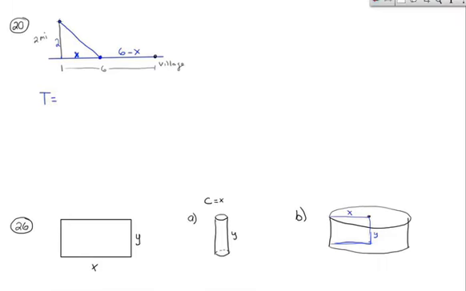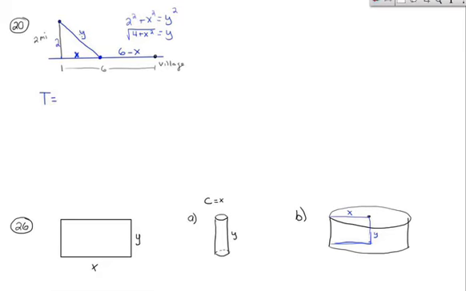That would mean that the distance from this point to this point is the hypotenuse, and so we can find that doing 2 squared plus x squared equals, let's call this y for now, y squared. Or we could say that y is equal to the square root of 4 plus x squared.